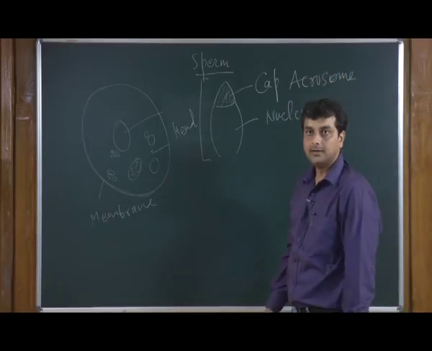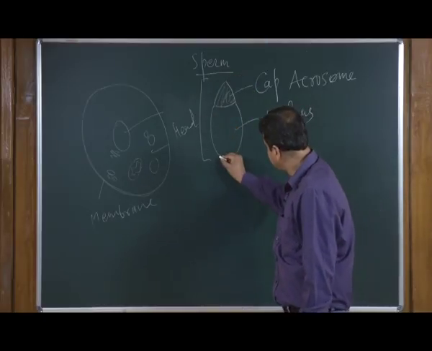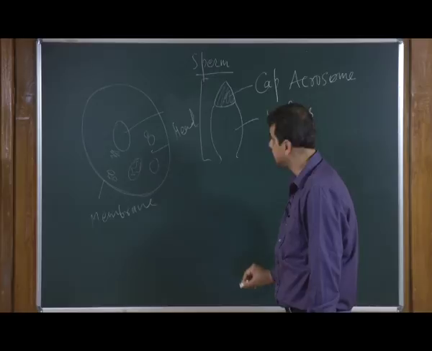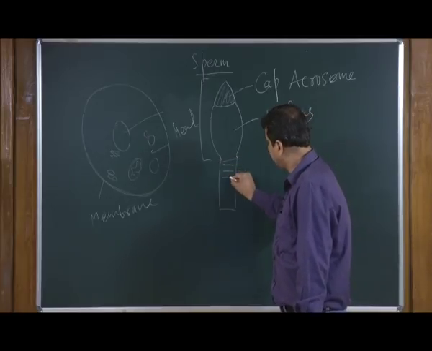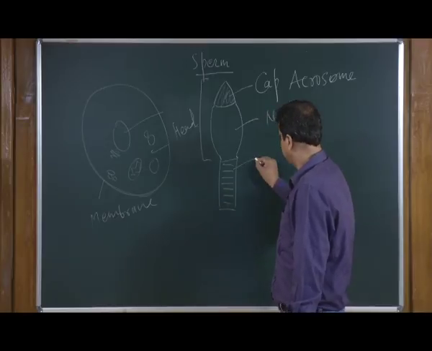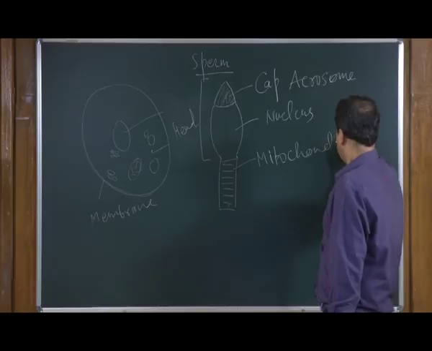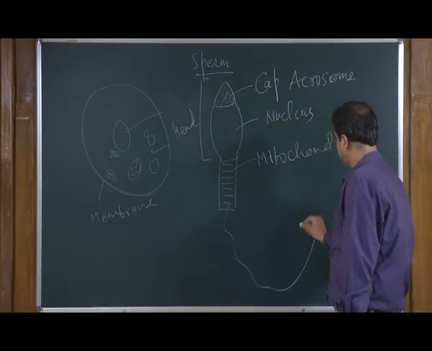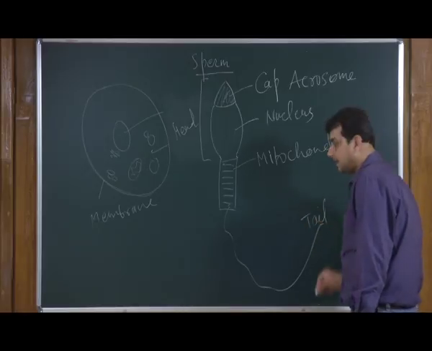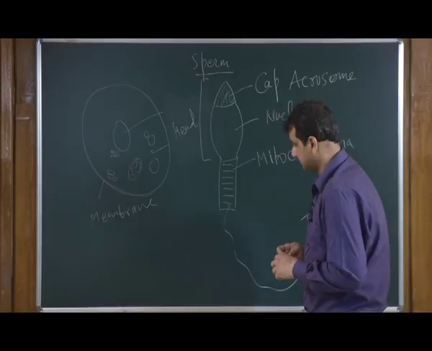So, acrosome is nothing but the top portion of this head region, and then we have a neck, a slight depression, and then we have this middle piece that is full of mitochondria, and then we have the tail, and this tail is very specifically defining the motility pattern.